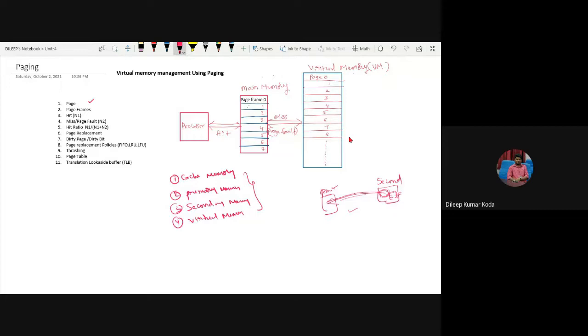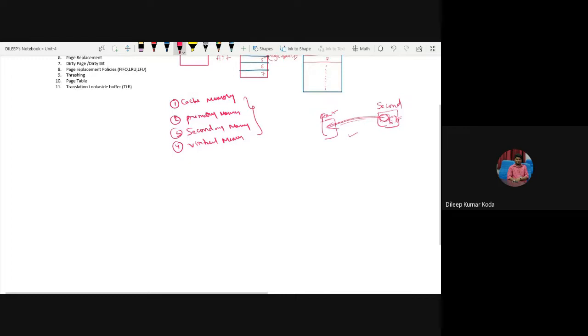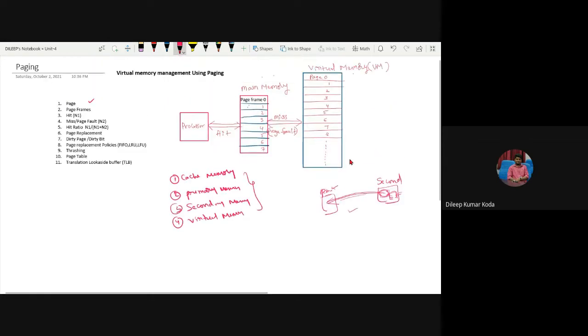It tells how information comes from the virtual memory into your physical memory. So we can define paging as a virtual memory management system. It tells how information comes from virtual memory to your main memory or physical memory.